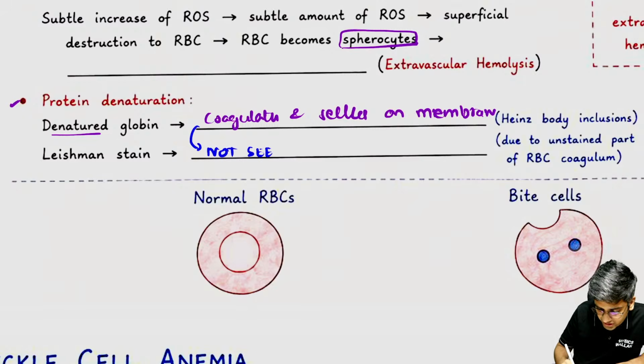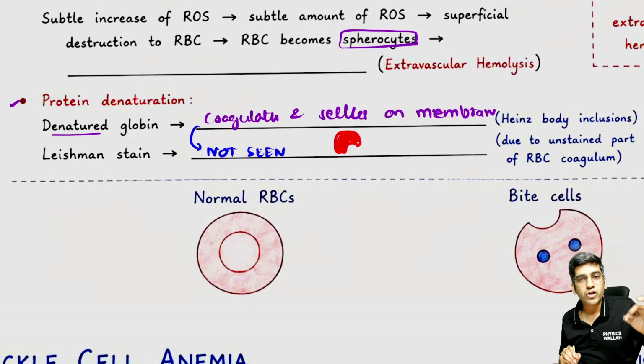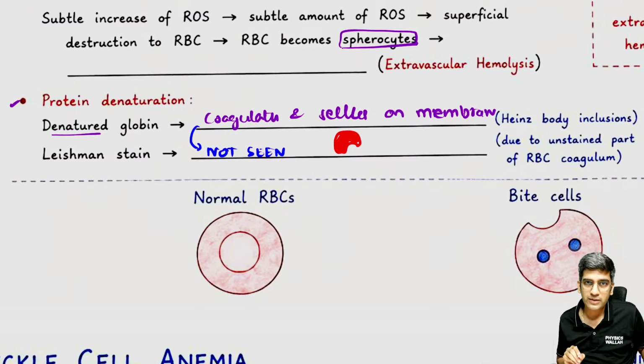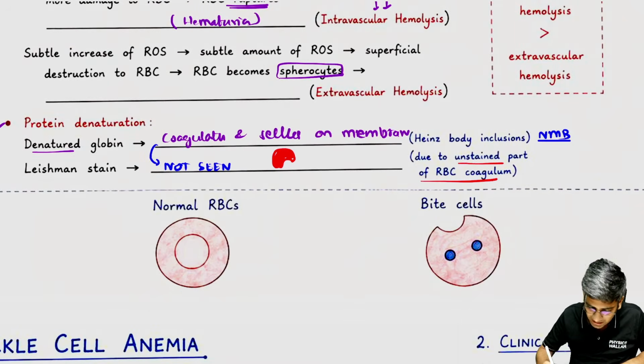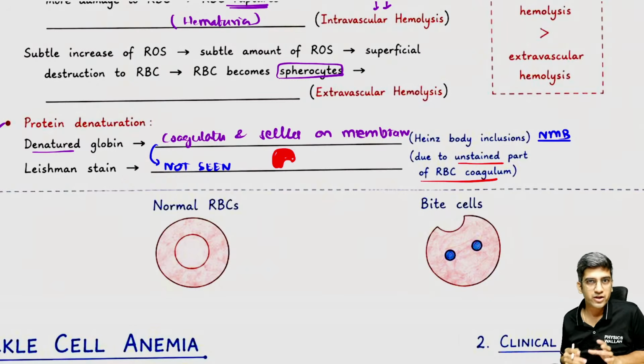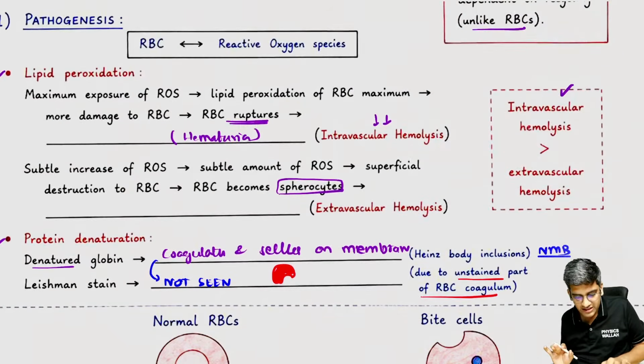When it is not seen, I'll end up having an empty space which looks like a bite cell. The reason for your bite cell is not being able to see the RBC coagulum. This also can come as a reasoning why question: because of the unstained part of the RBC coagulum, we end up having a bite cell, right? Clear? Perfect. So this is the pathogenesis.